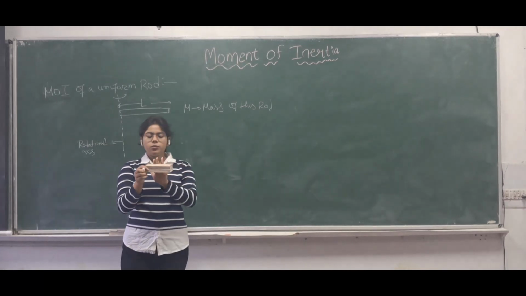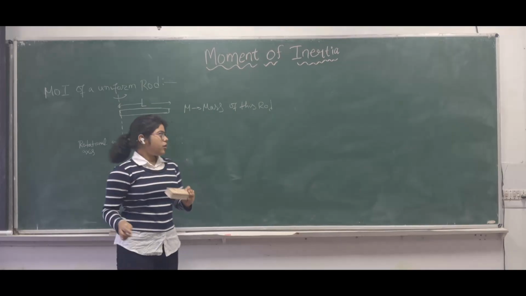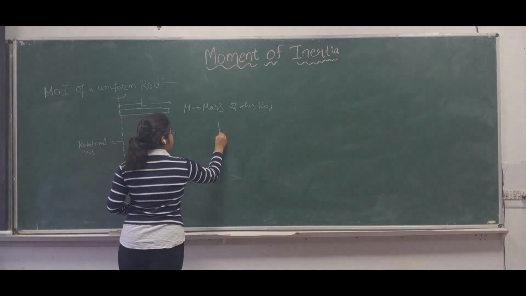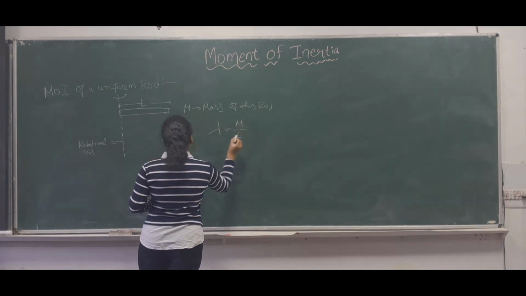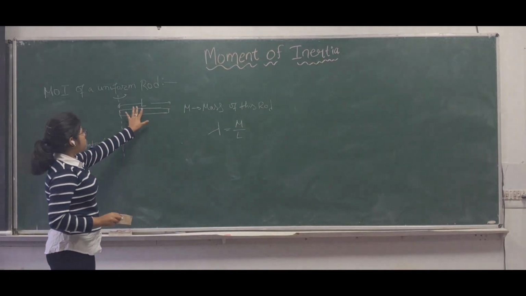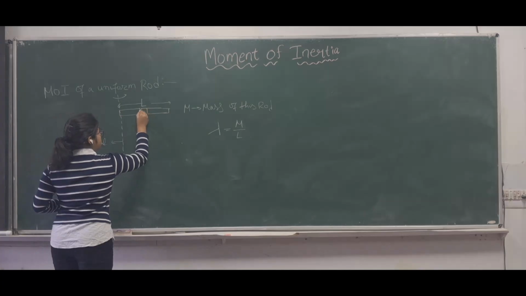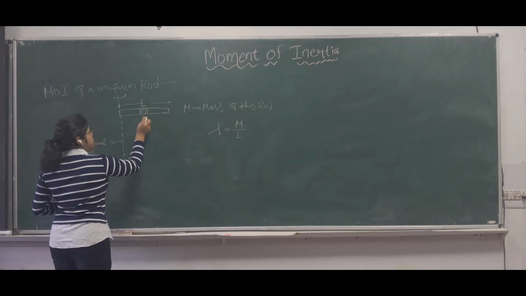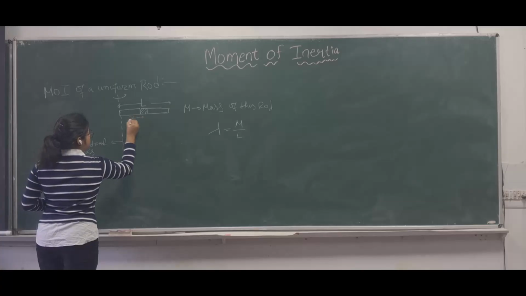Here, this is a uniform rod, so the mass distribution of this rod is uniform. Therefore, the linear mass density lambda equals mass per unit length. Let's take a small element of this rod at distance x.